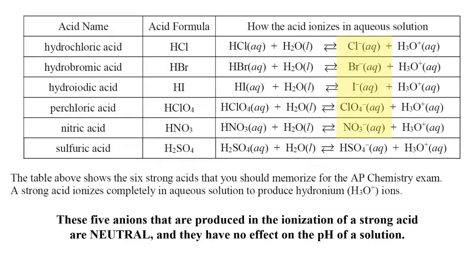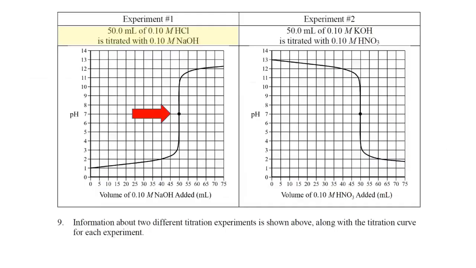The reason why it's 7 is because the anions, or the negative ions, that are produced in the ionization of a strong acid don't act like weak bases. They're actually neutral, and they have no effect on the pH of a solution at the equivalence point. That's why strong acid, strong base, pH is 7.